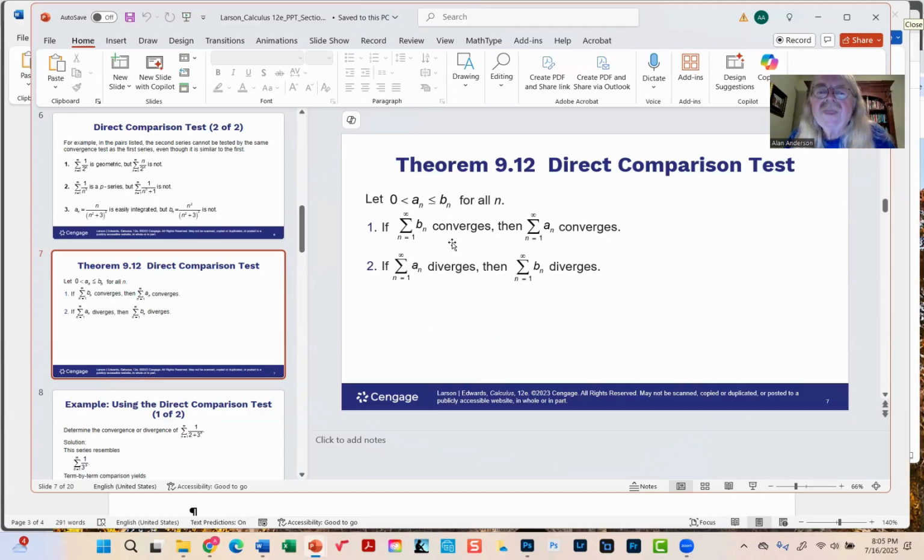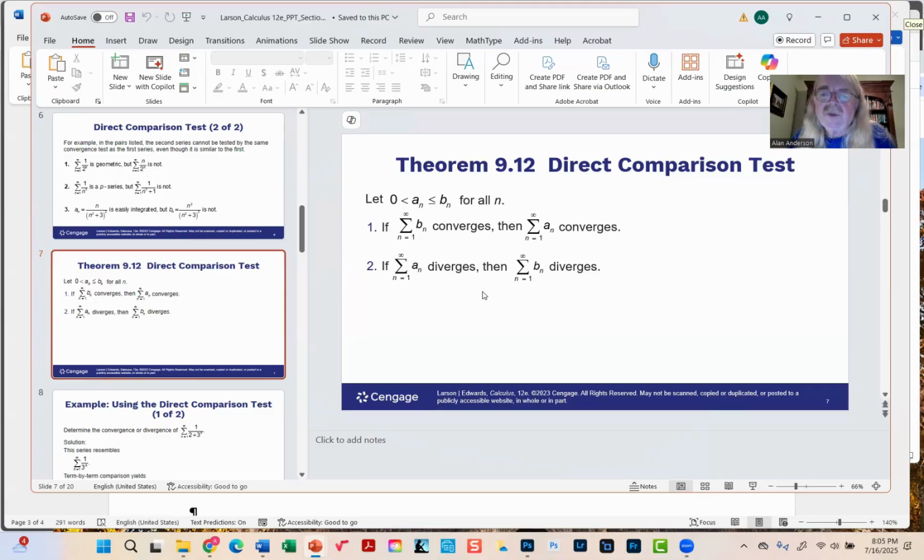So the larger, bn, if we know that it converges, that implies that an also converges. We may have a very messy an expression that we don't want to deal with directly, but if we can find a bn that we understand very well, and if we're lucky and bn converges, that means we don't have to worry so much about an because we know that it also converges.